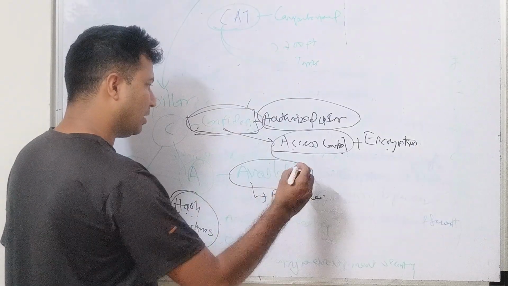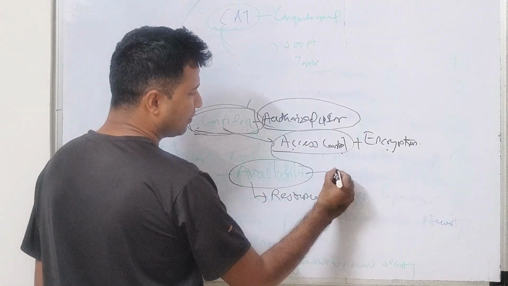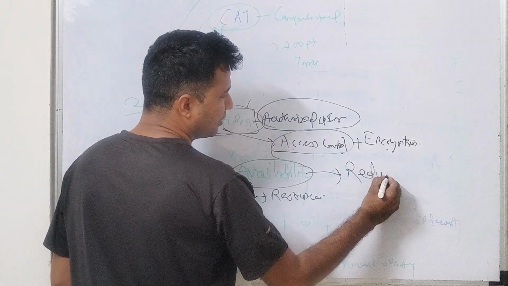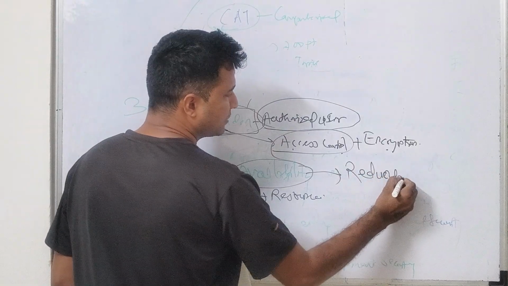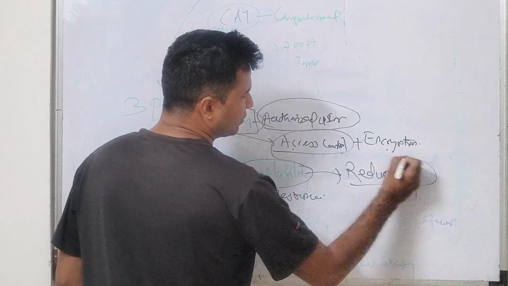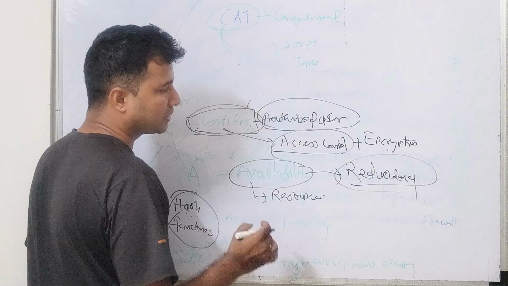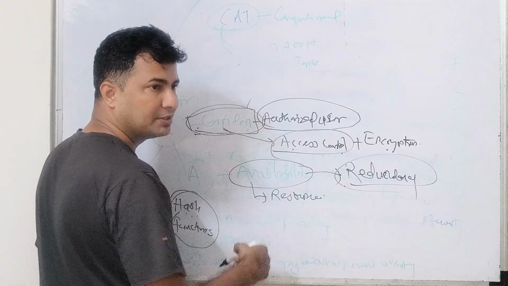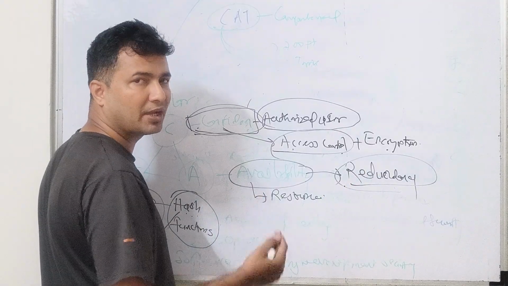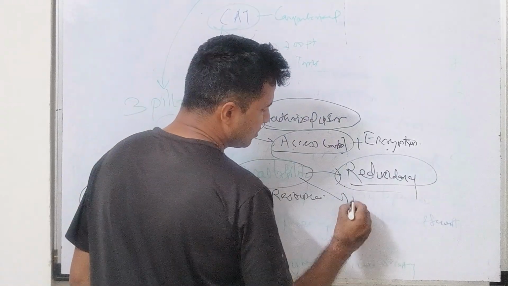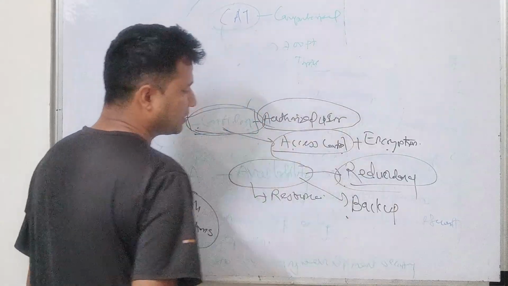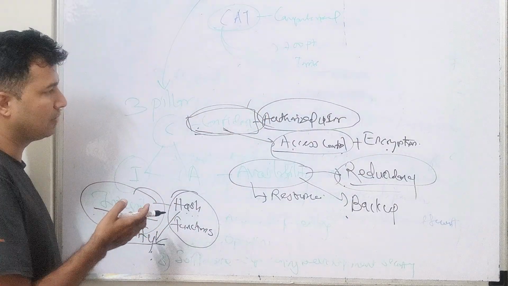What we implement here for availability is redundancy. Redundancy is applied on the network structure, so if one server fails, the other server will take its place, or backup servers are also running. Backup and redundancy are always included in availability.